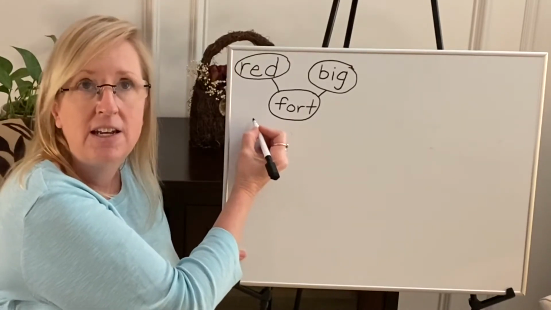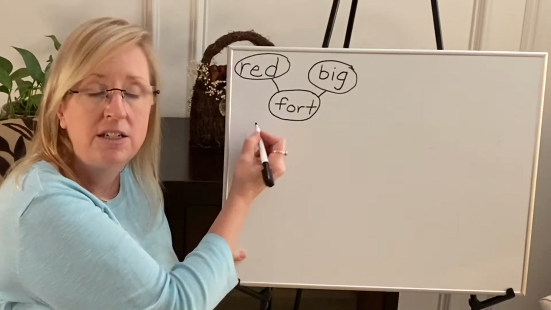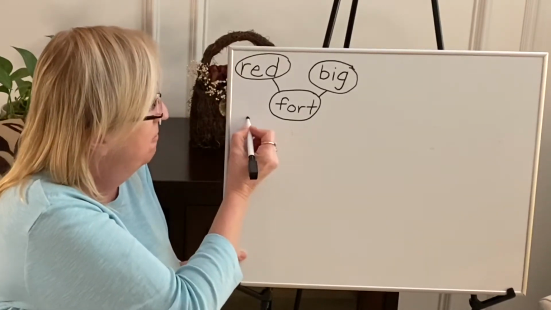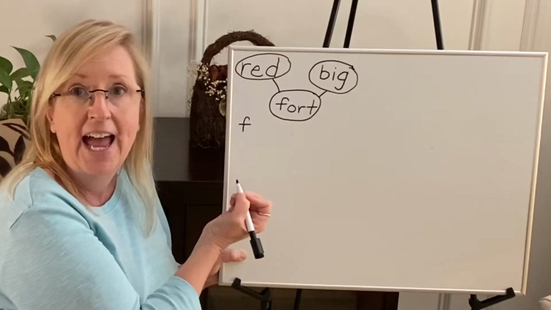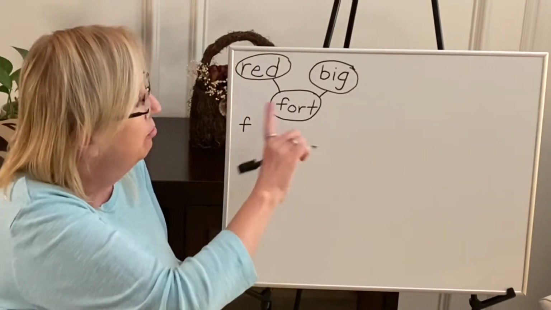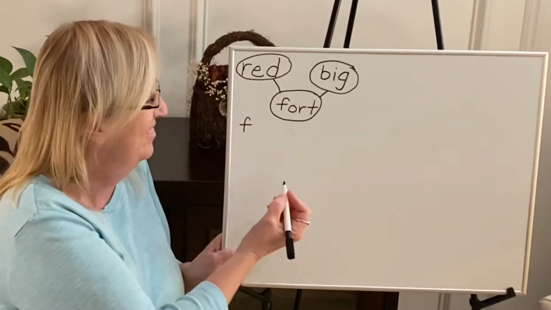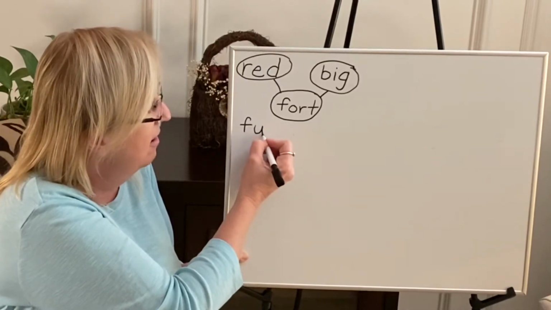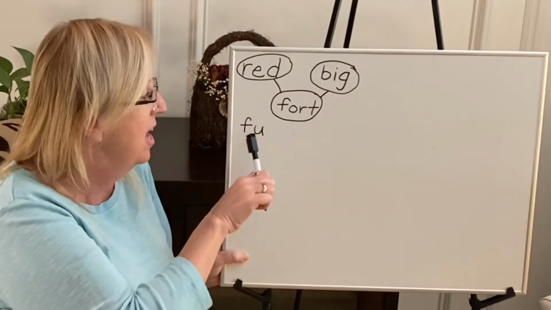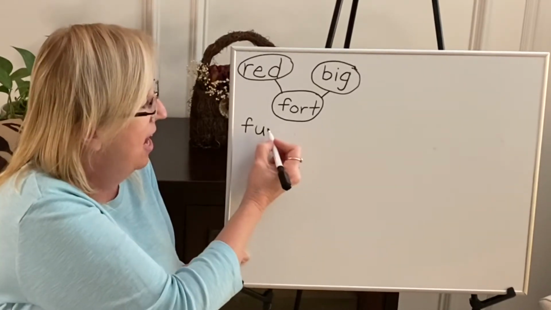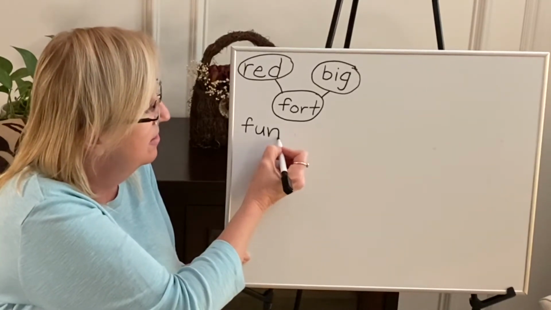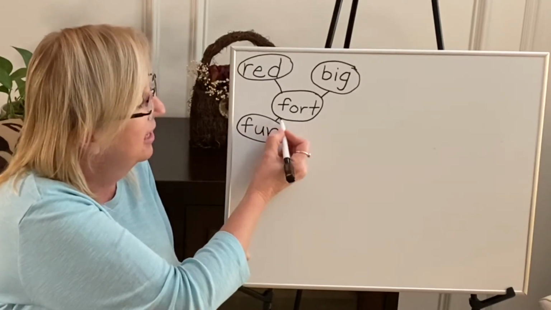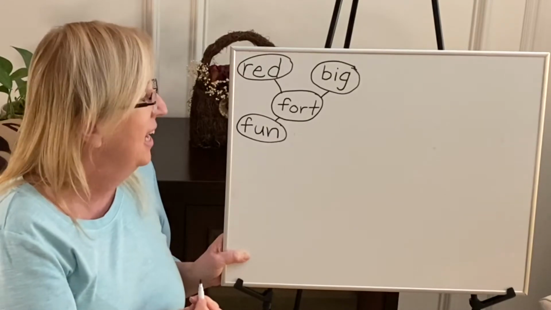So fun, three sounds. F, just like in fort. Letter U says fun. Letter N, lowercase for these. And then I do my oval and connect it to my fort.